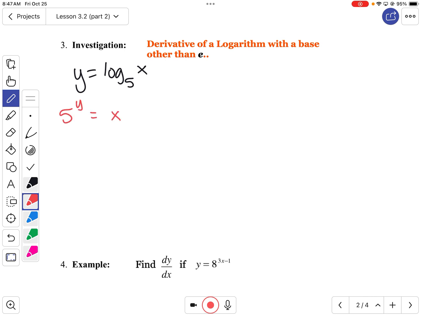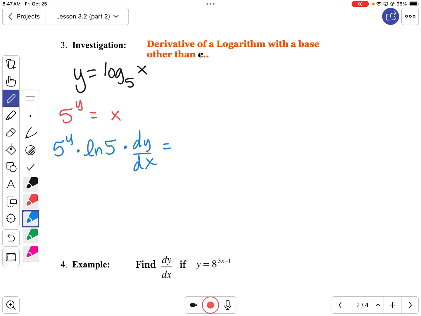Well, lucky for us, we just learned how to do that derivative. Okay, so let's take the derivative implicitly and see what happens. So the derivative of 5 to the y would be 5 to the y times the ln of 5. y is a function of x, so what do I have to include? dy/dx.